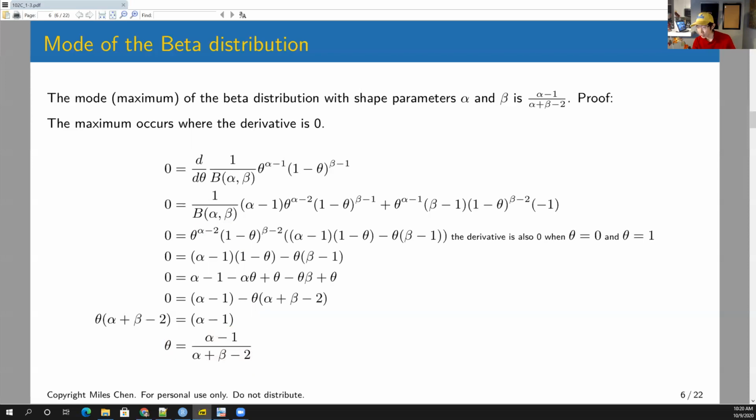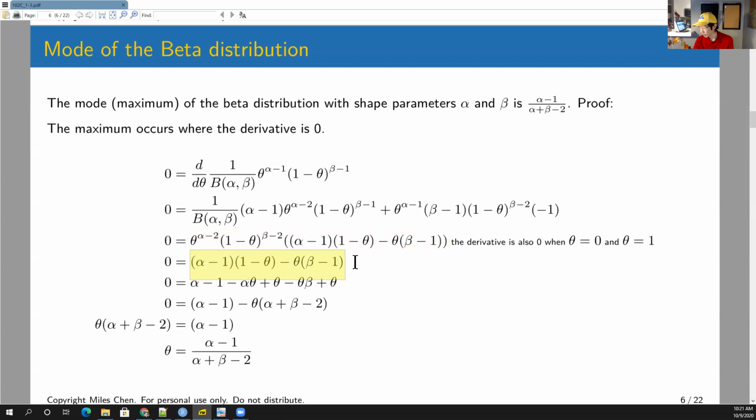All right, I got a question. It says, can you explain how you went from the step of theta equals 0 and theta equals 1 to the step after that? Is it on this slide here? Yes, so from this step down to this step.